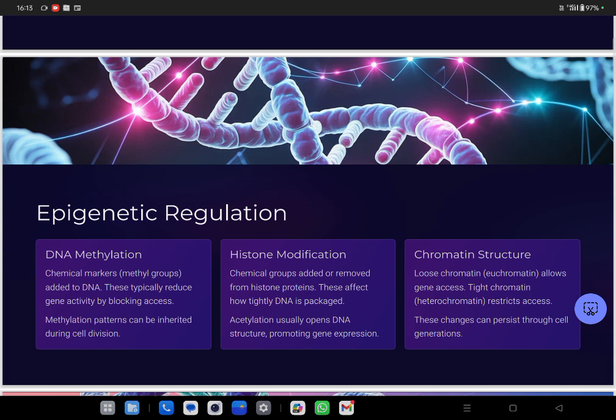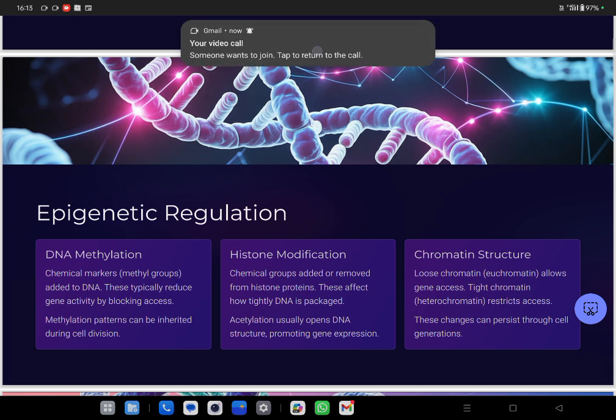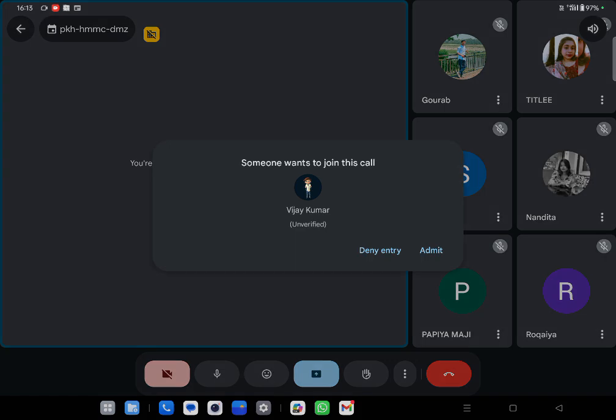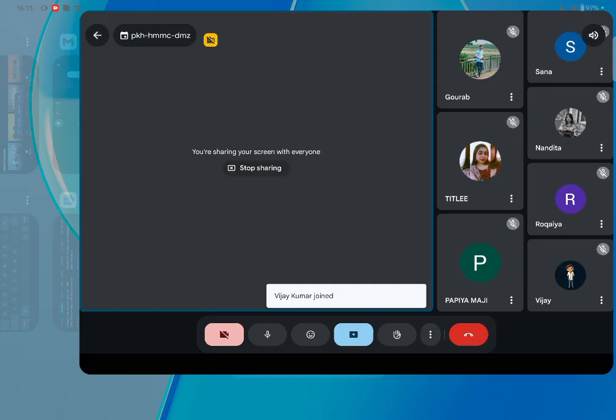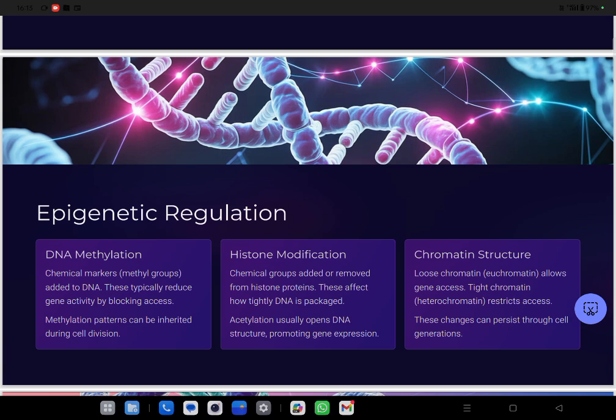The next thing is histone modifications. You know that histones pack the huge amount of DNA which is present in the cell. If you phosphorylate or acetylate, this packing structure opens up and the genes are accessible for activation.